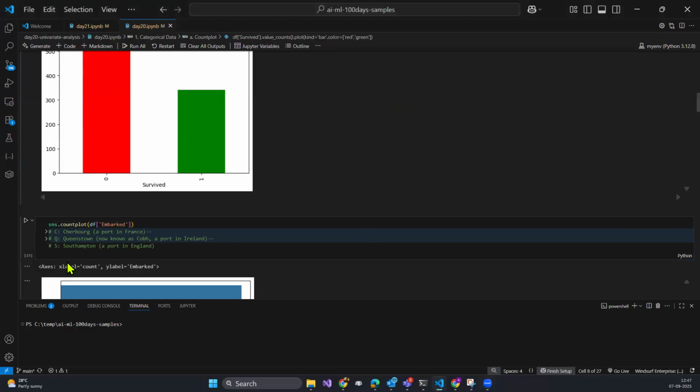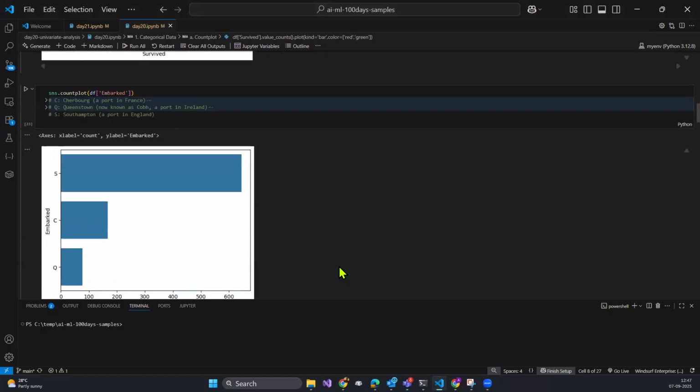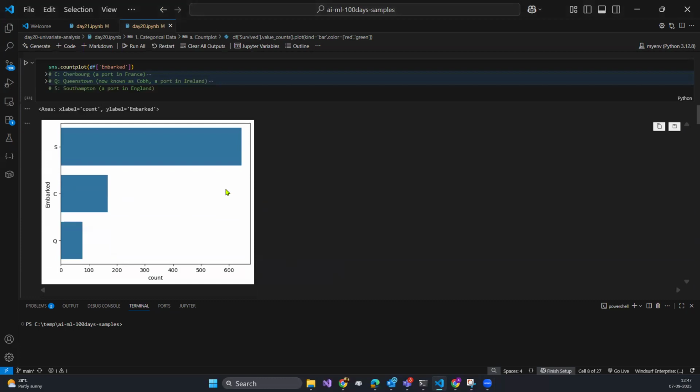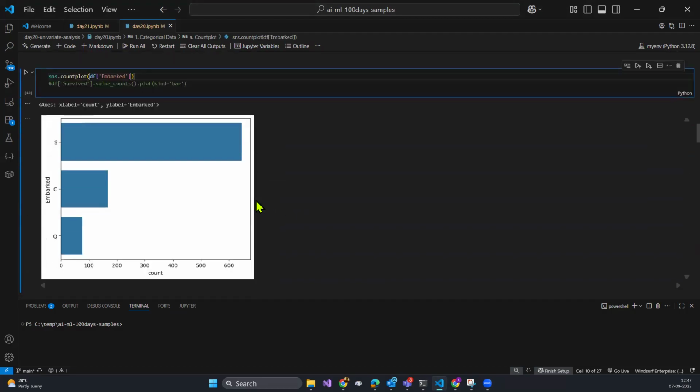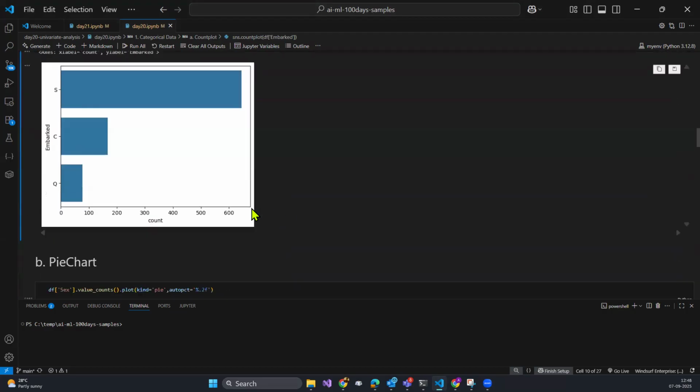Here you can see Cherbourg, Queenstown, and Southampton. We are seeing that Southampton in England had the highest number of people onboarded, and then Cherbourg. So this is again the same plot. I shouldn't be using this.